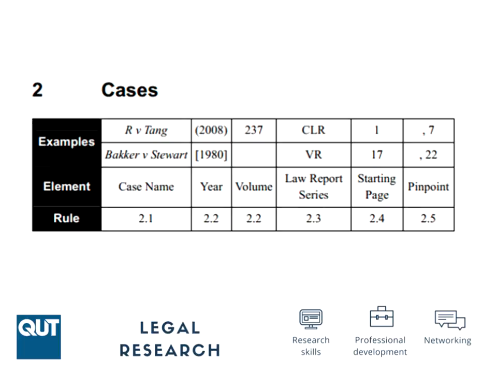You might remember this is a screenshot that we had way back at the beginning, which looked at the formula, if you like, for presenting the citation for case law. You've got the two examples there with the round brackets and the square brackets. So if there's a volume number, it's in round brackets.